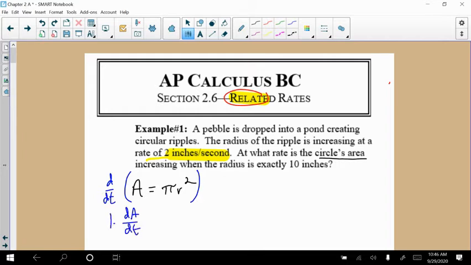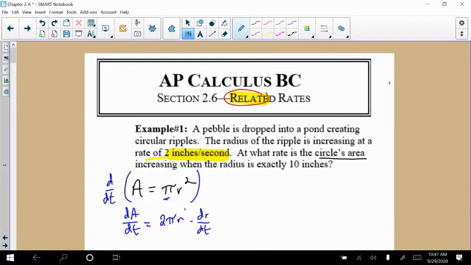Now, if you want to keep that 1 there, you can. You don't have to, and I usually don't. And then equals. Here, remember, pi is just a coefficient. The function is r squared, so the 2 comes down, so it's 2 pi r to the first power, and immediately we multiply by dr/dt.